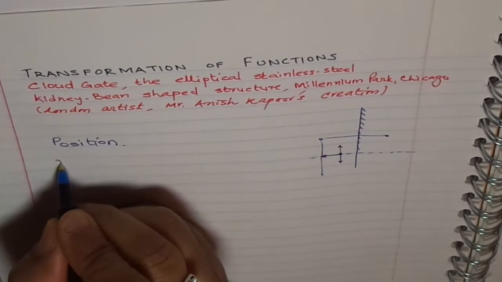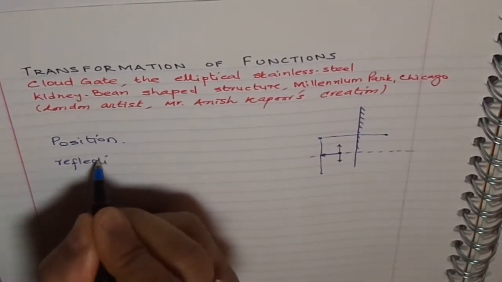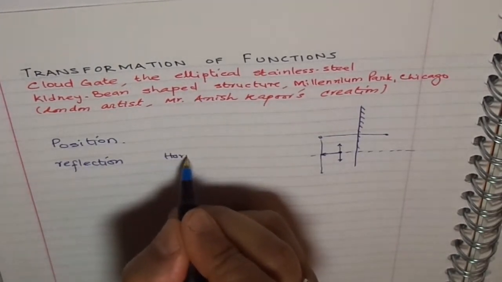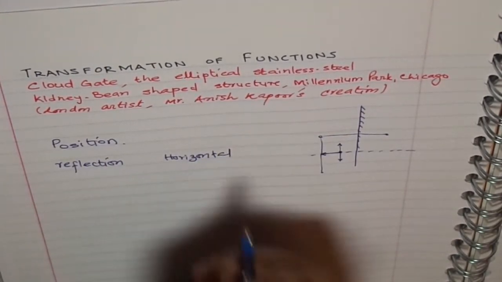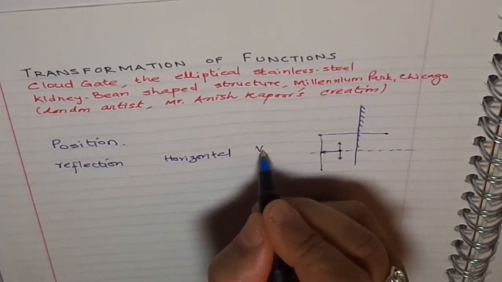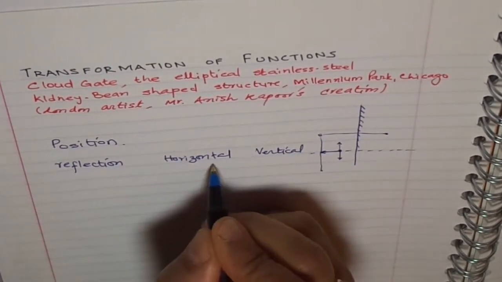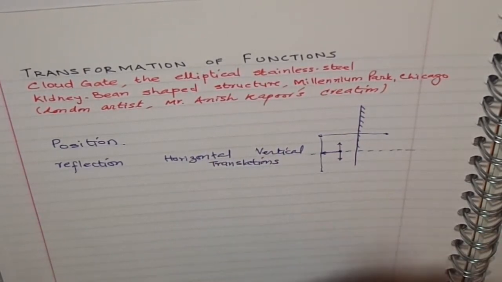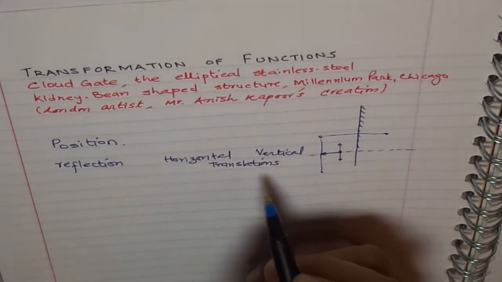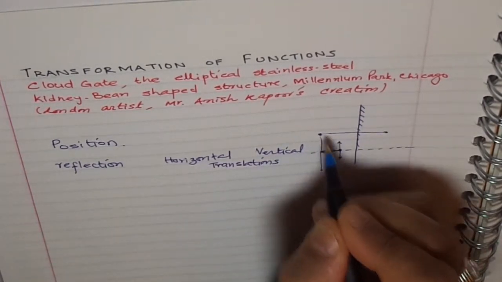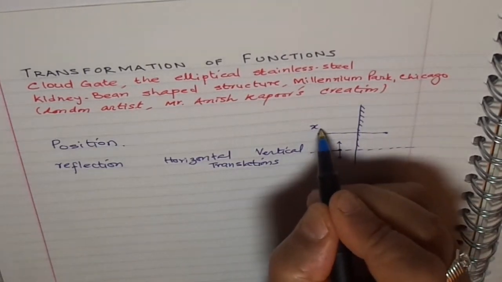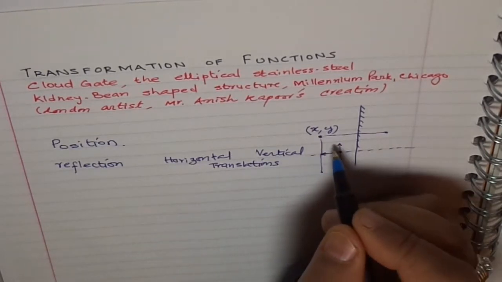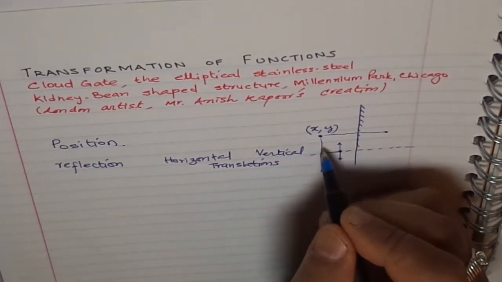One is reflection, and then we have horizontal translation, or we can have vertical translation. And what did you notice in these things? In reflection, let us say if my coordinate point is here, and let me just name it x and y for the time being. Reflection could also be horizontal or vertical.